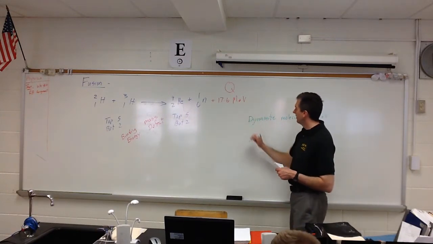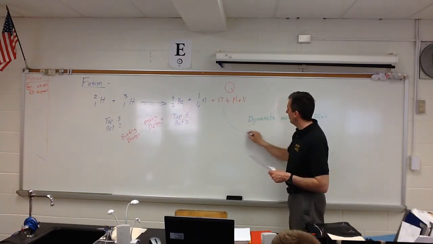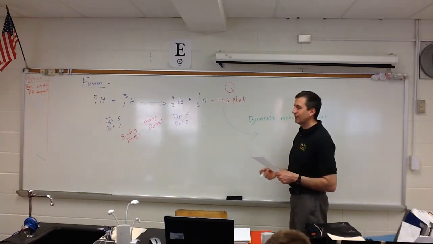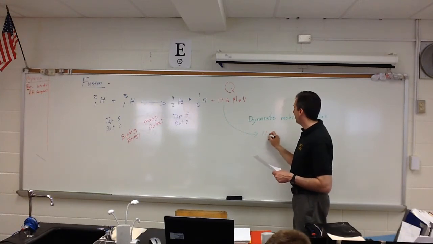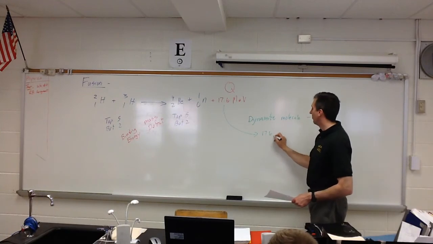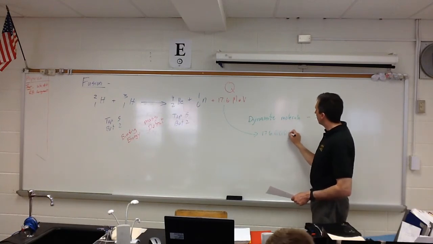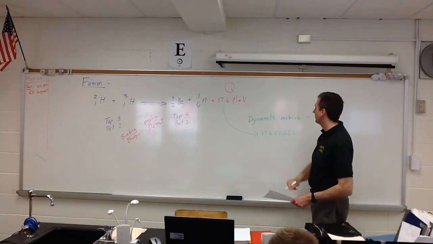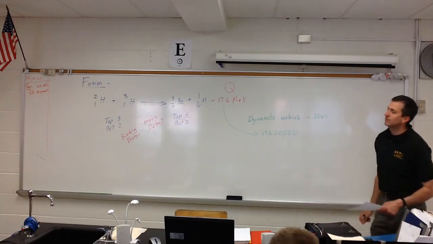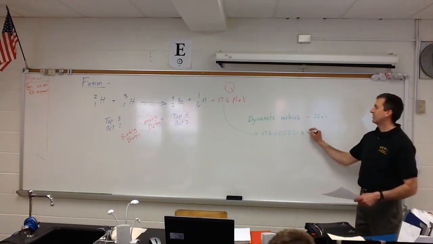What's that number? This reaction right here is 17.6, but that's mega, so that's 1, 2, 3, 4, 5, 6. That's 17,600,000 electron volts.